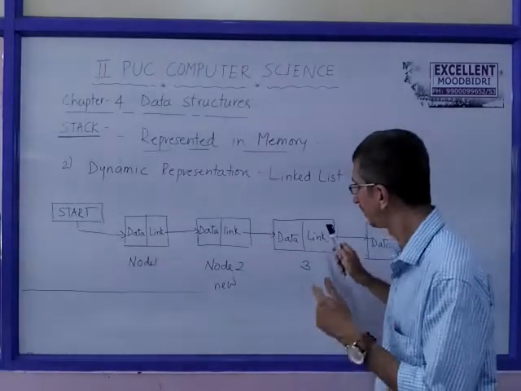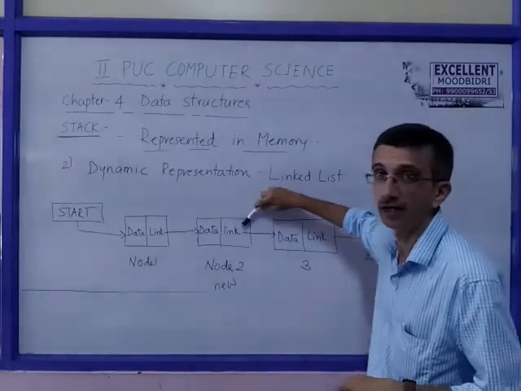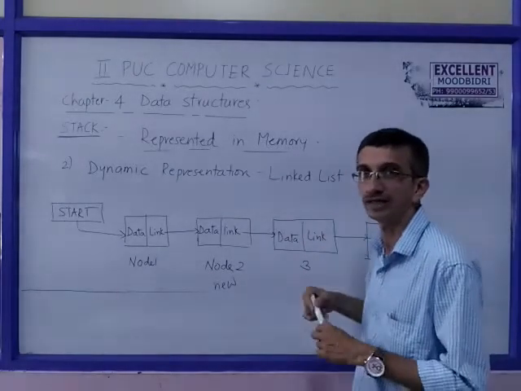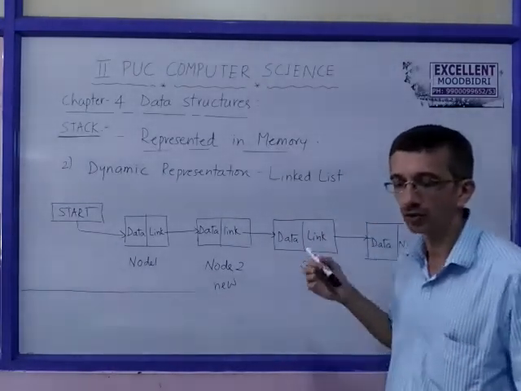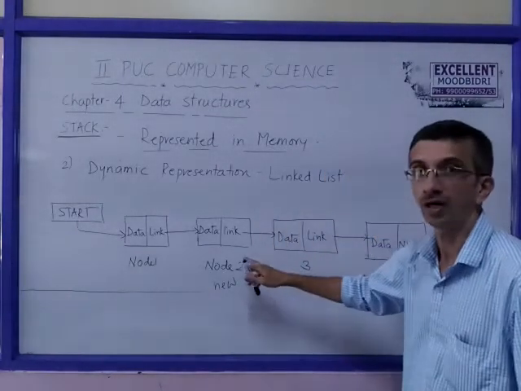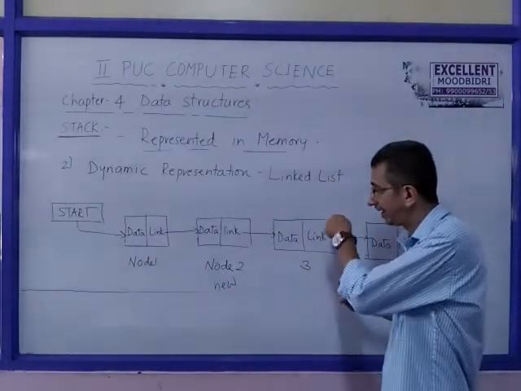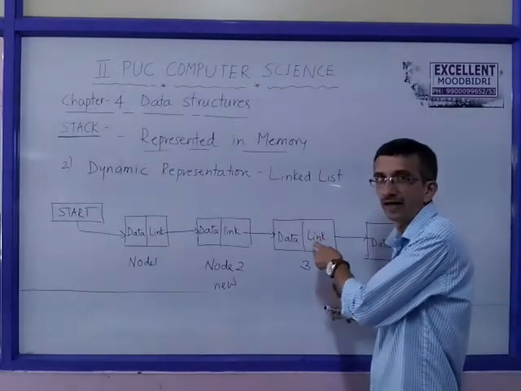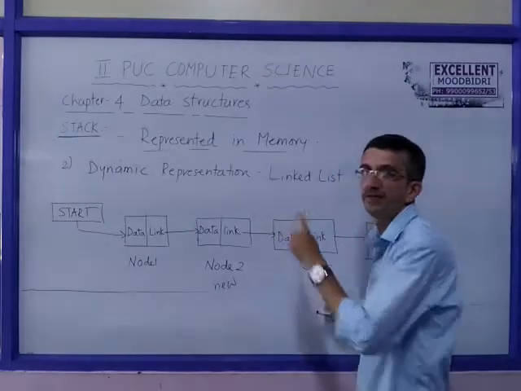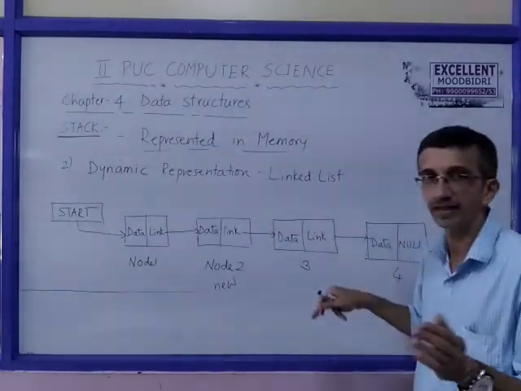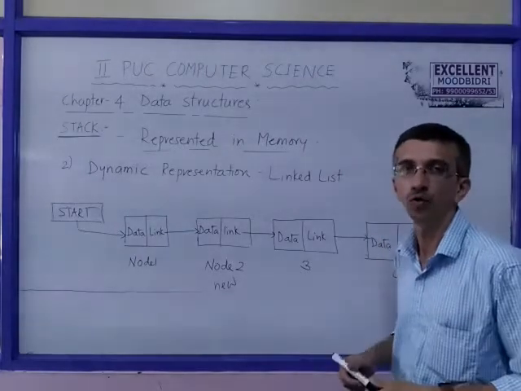When you are creating one more node, then the null field of its previous node must have the address of the newly created node. That is how it is attached, by storing the pointer of the newly created node in the previous node, the address of the next node.